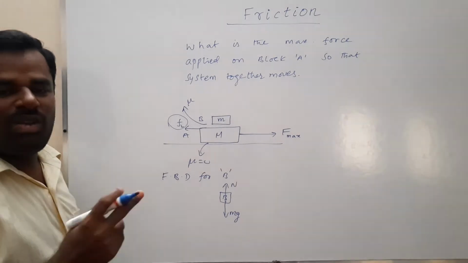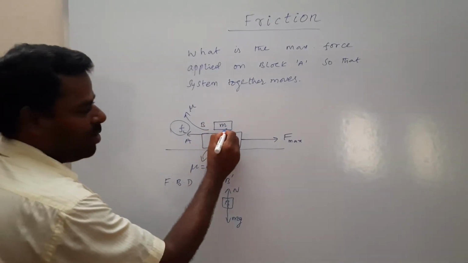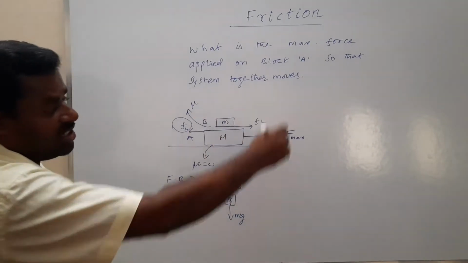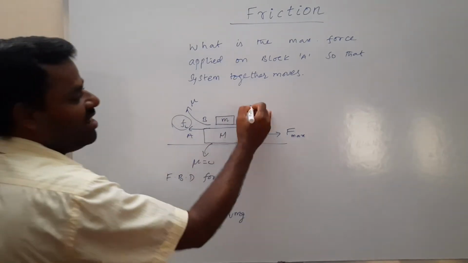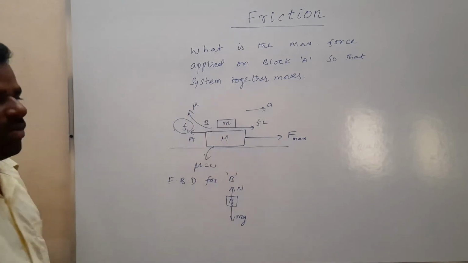For every action there is an equal and opposite reaction, so block A will exert a frictional force on block B tangentially in the forward direction. Since this system moves together, the acceleration of both blocks must be equal.